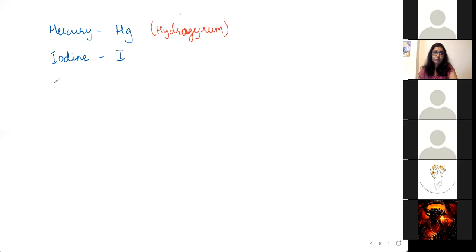Mercury, iodine, bromine is another one. Can you guess the symbol for bromine? Br. Br is absolutely right. B is taken over by boron, so the next option is Br. Then what else would you guys come across?